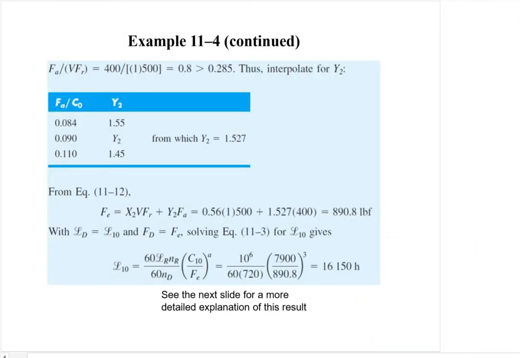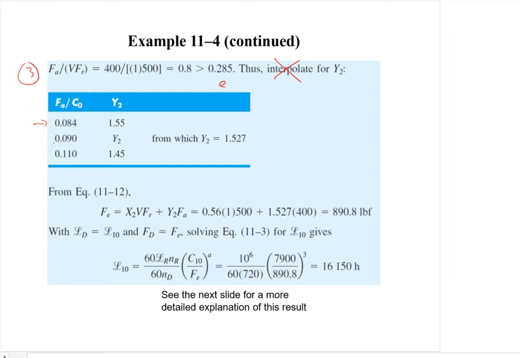They calculate FA over VFR from all the given, and it's greater than E. So this is E, the E that they found, and so they interpolate again. Don't bother interpolating. If they get 0.8, then you would use this number again.